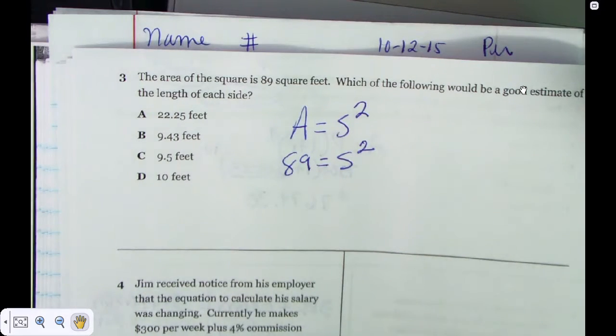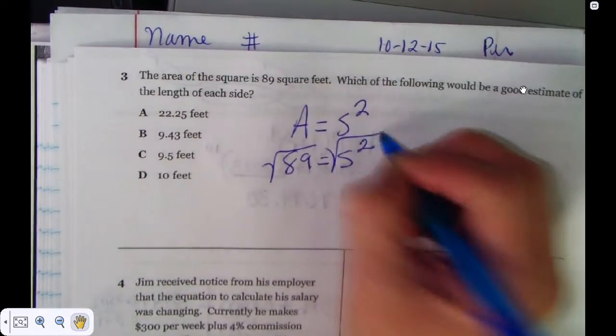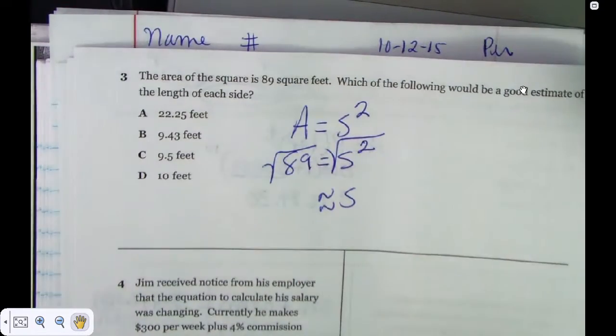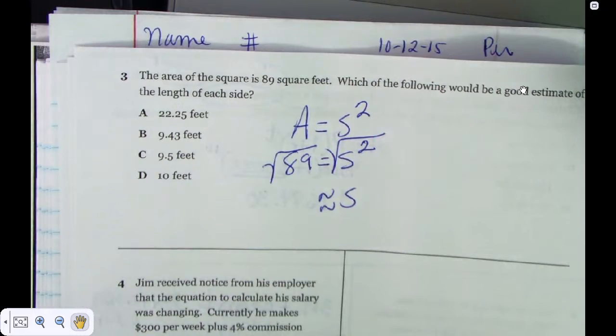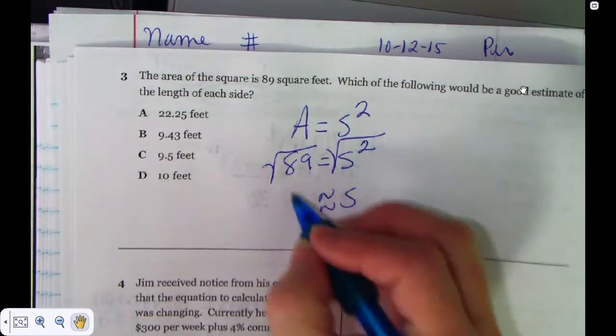I'm trying to find what times what gives me 89. So I'm going to take the square root of 89. Remember the square root button? You have to hit second and the x square button at 89. And what do you get?